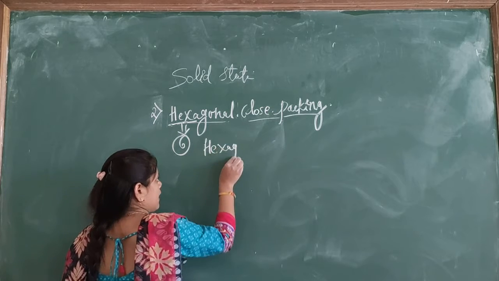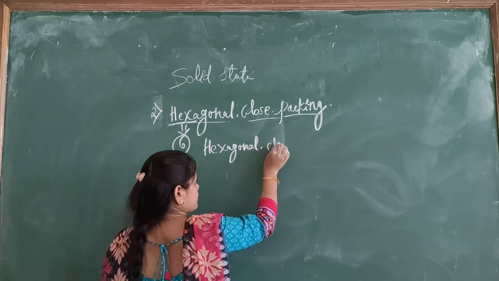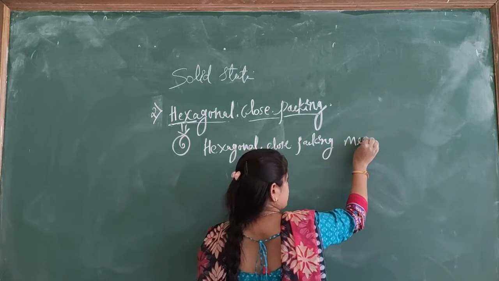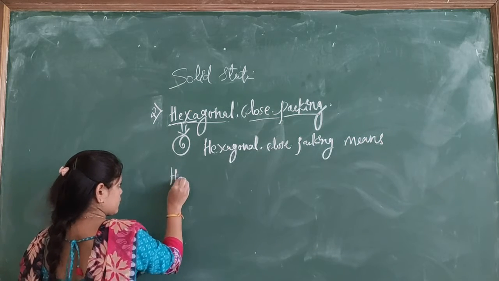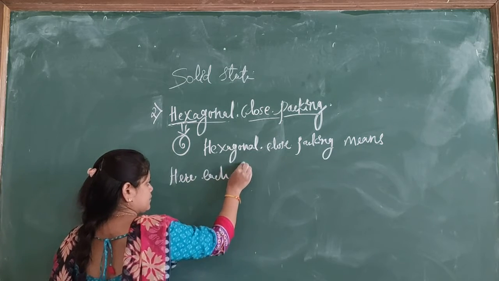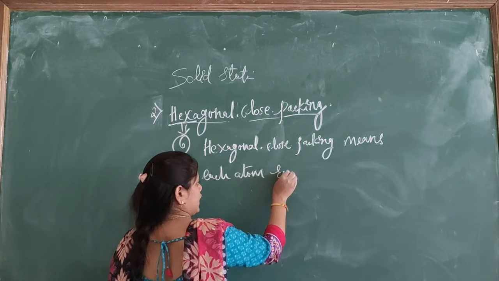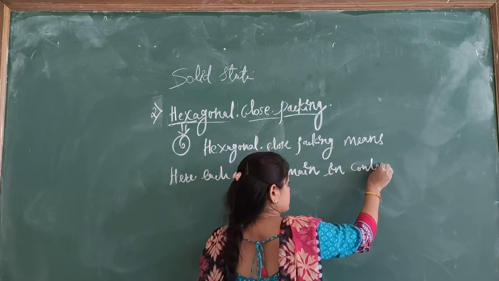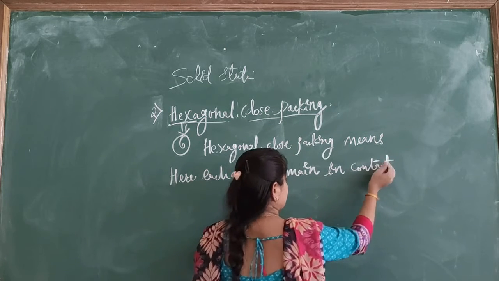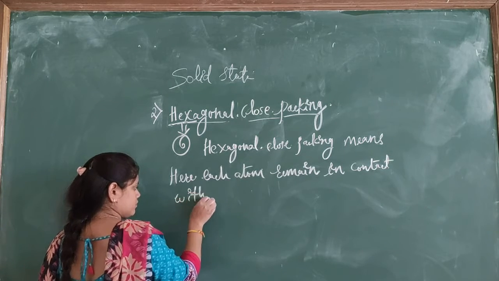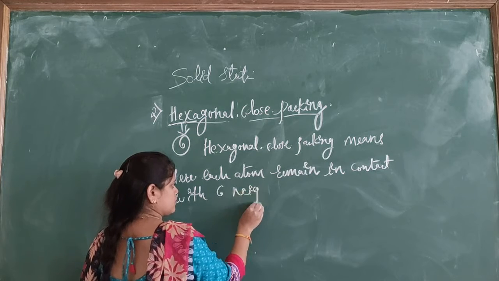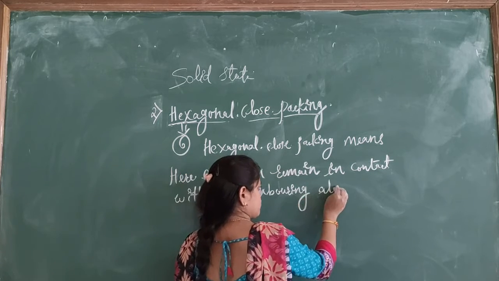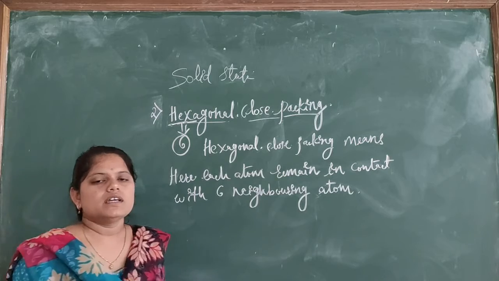So hexagonal close packing means here each atom remains in contact with 6 neighboring atoms.